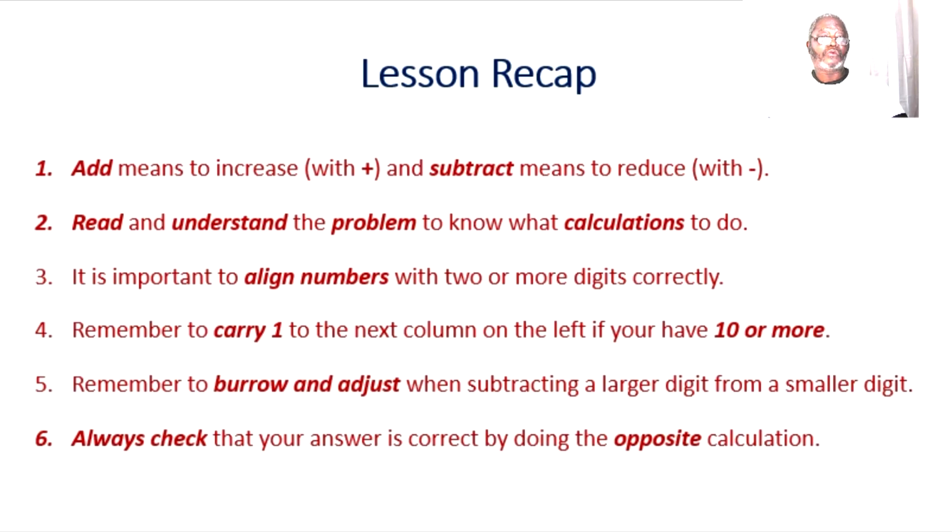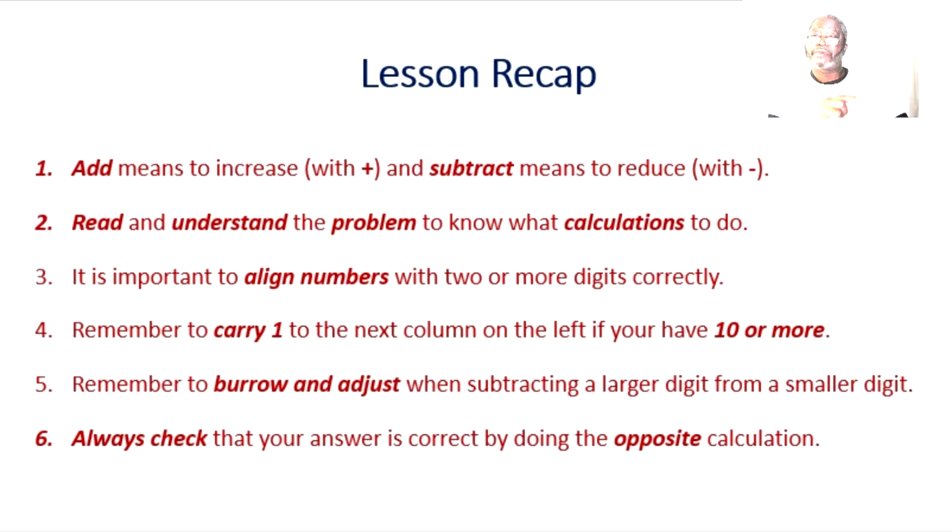Remember to carry 1 to the next column on the left if you have 10 or more, that is if you're adding. Remember to borrow and adjust when subtracting a larger digit from a smaller digit. So you borrow 1, add it to the unit column, automatically that 1 in front of whatever amount, say 2, becomes 12.